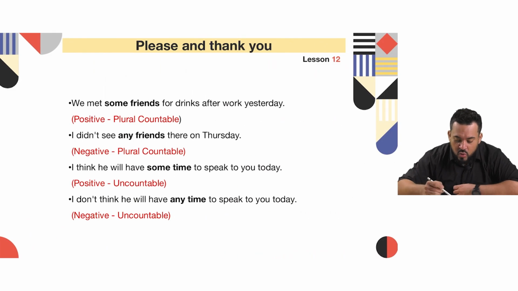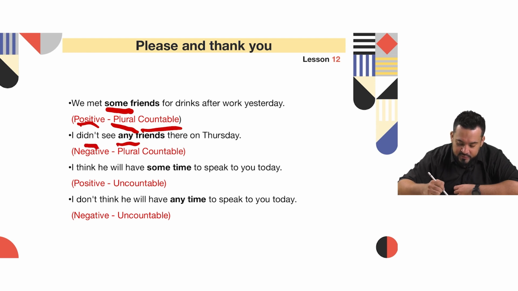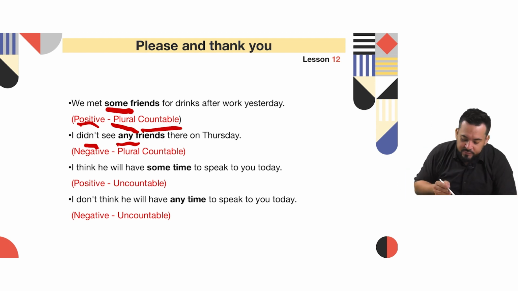Okay? Now, we met some friends. Positive, countable, but plural. Okay? Plural countable. I didn't see any friends. Plural countable, negative, because we have didn't. I think he will have some time.